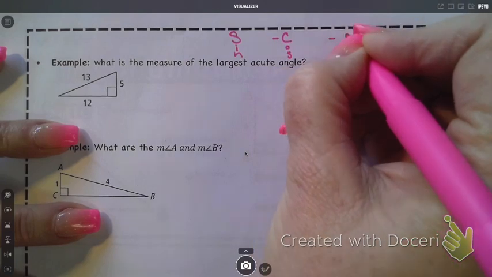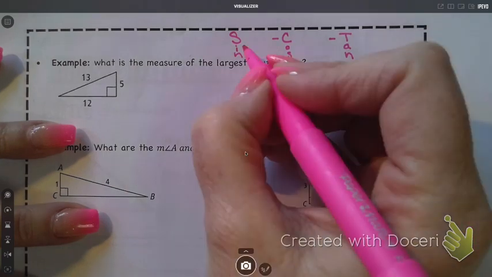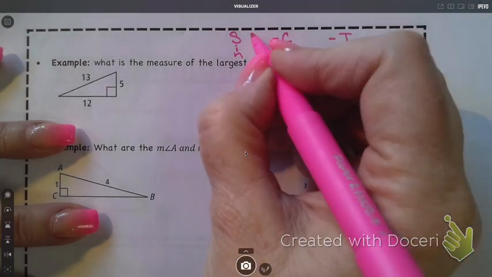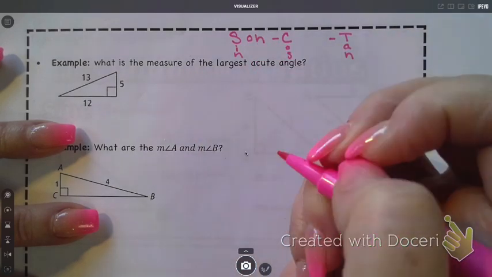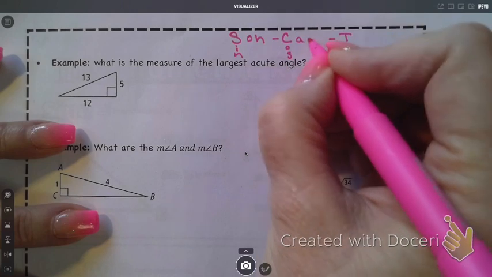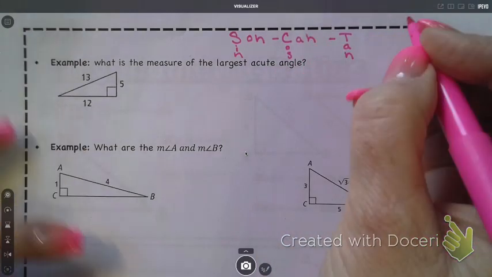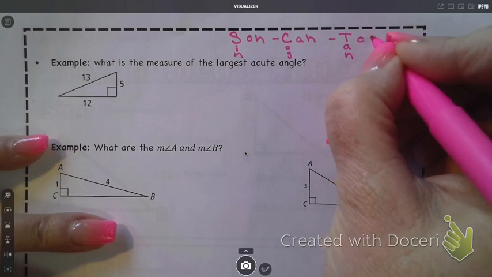And T for tangent. So sine is what over what? Opposite over hypotenuse. Cosine is adjacent over hypotenuse. And tangent is opposite over adjacent.